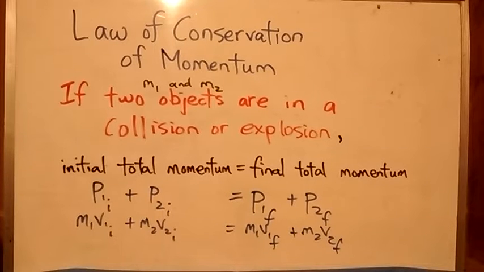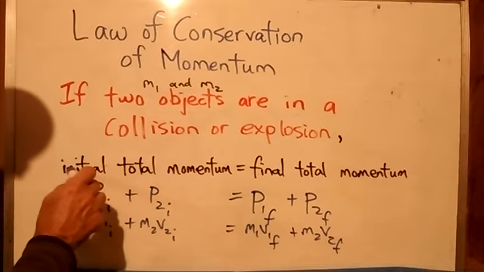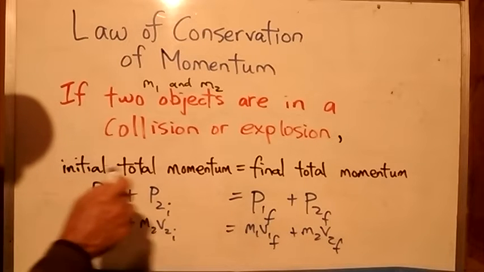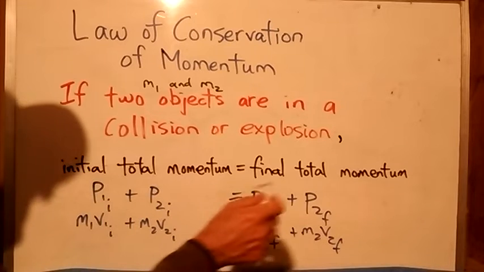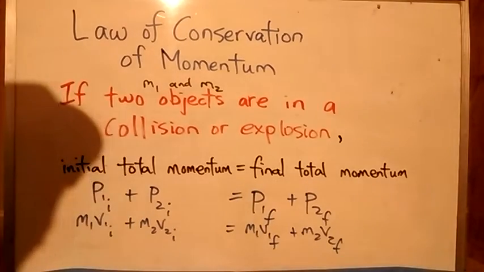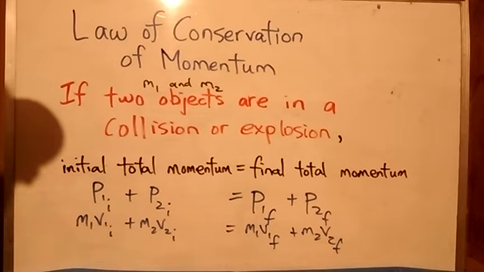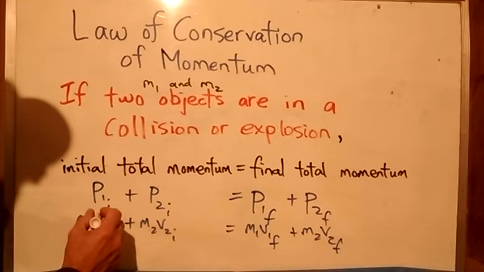Some textbooks, instead of initial total momentum, will say net initial momentum. Net meaning total: net initial momentum equals net final momentum. It's the same thing. This is just for two objects. You have to remember too that these are vectors, so you need to consider direction.